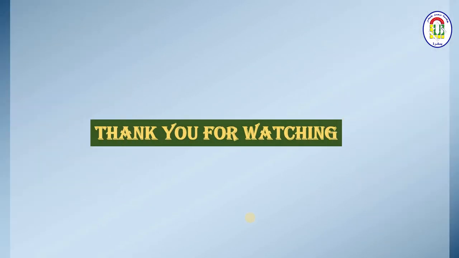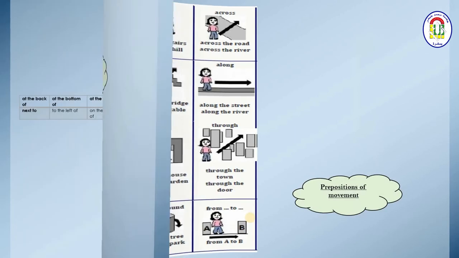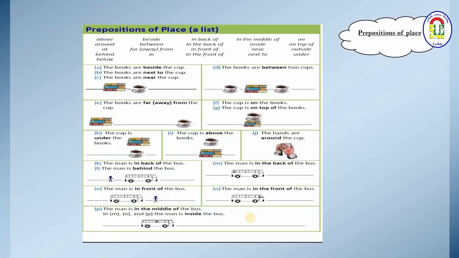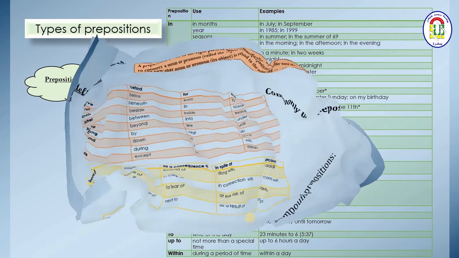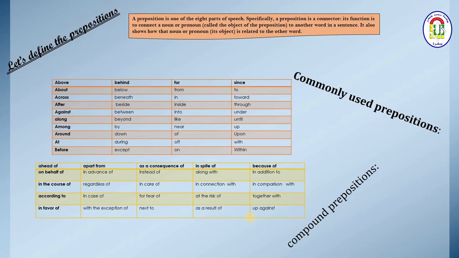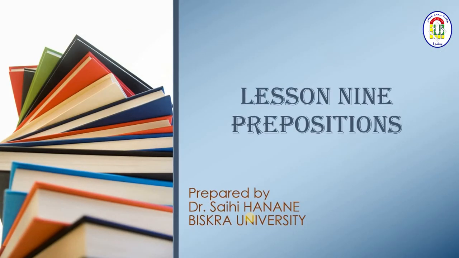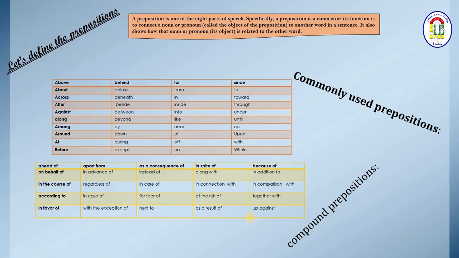My dear students, before we say thank you, let's recapitulate exactly what we have seen through this video. The first slide was a definition of the prepositions. Then we saw the commonly used prepositions, mainly the single ones.